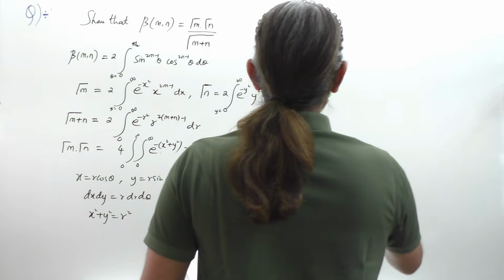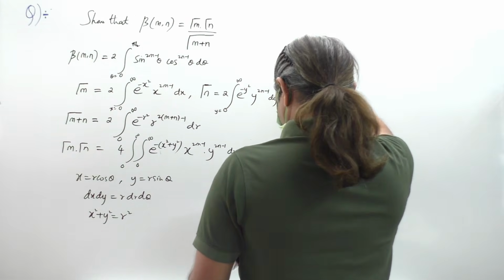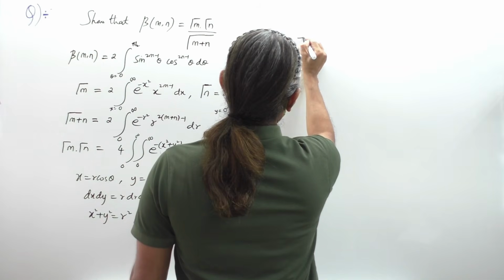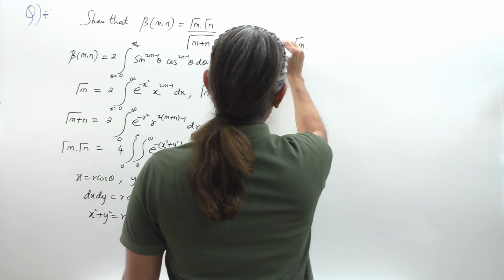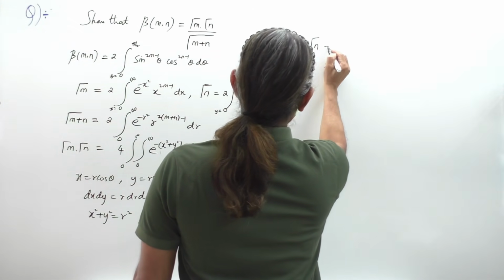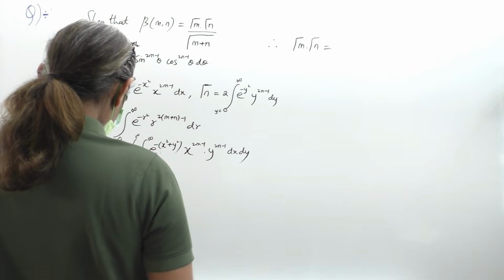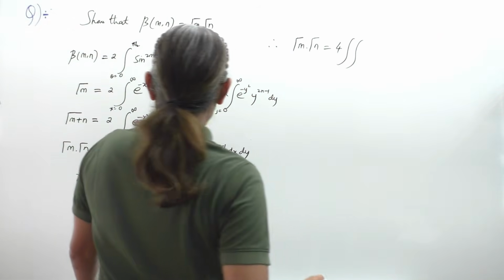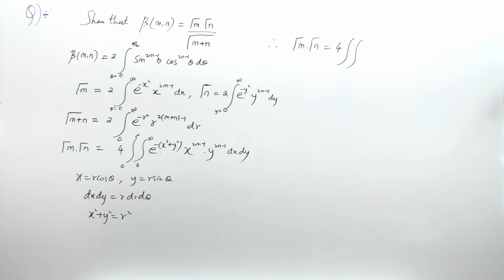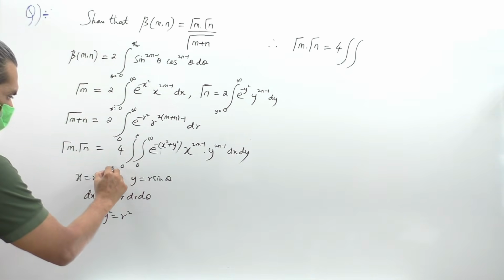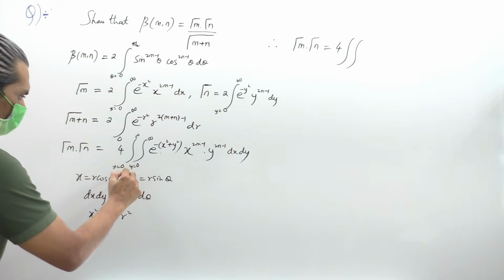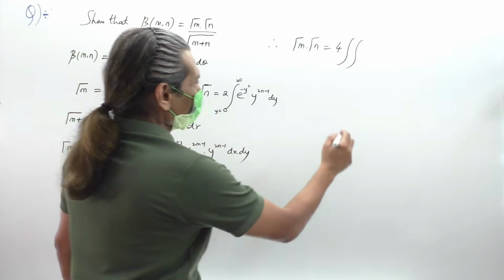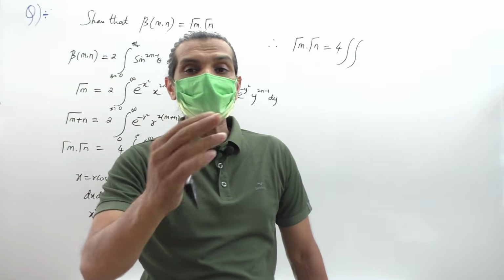Therefore, we can write gamma m into gamma n is equal to, this will be now 4 double integration. See, when I change to polar, the x and y will change to r and theta.